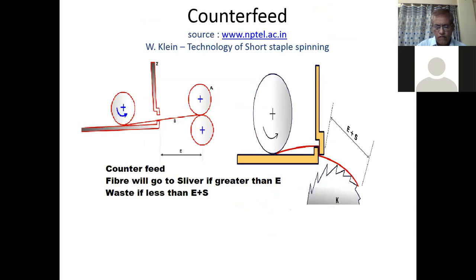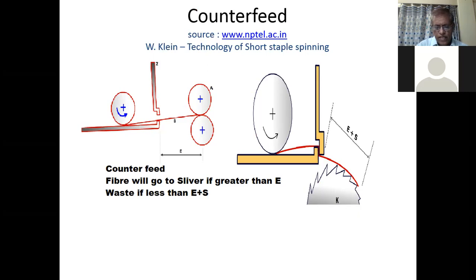In counter feed, what is the situation? When the nippers are going forward, at that time the distance is E. So we can say that fiber will go to the sliver if it is greater than E, that is the detaching distance. Now when the nippers are coming back in backward journey, feeding takes place.